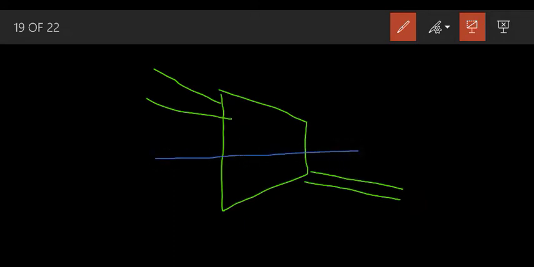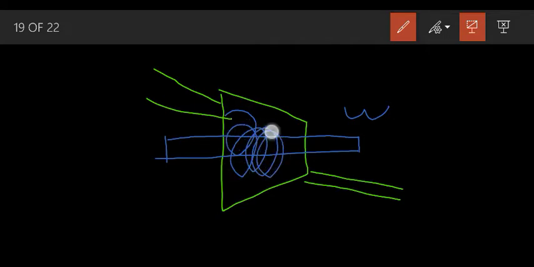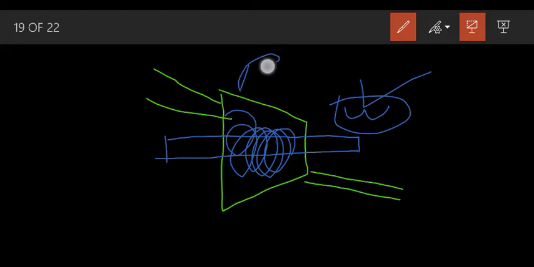In order to get work done, that is W. When the fluid enters, it tends to rotate the turbine and we get work done. So W is considered, but there is no change in velocity, so kinetic energy is considered as 0. Potential energy is negligible, so it is also considered as 0.